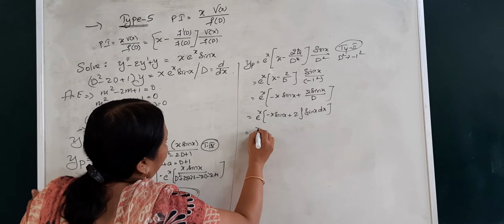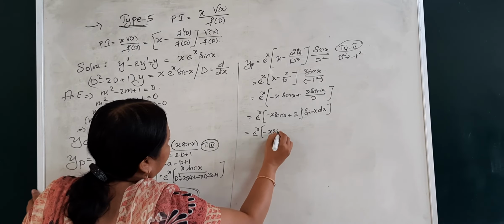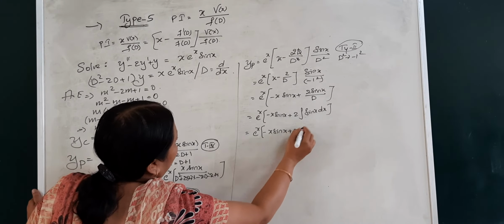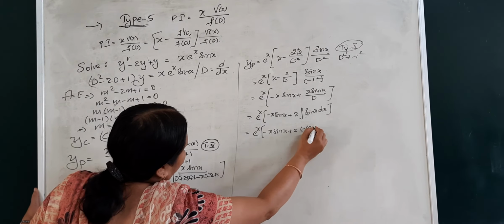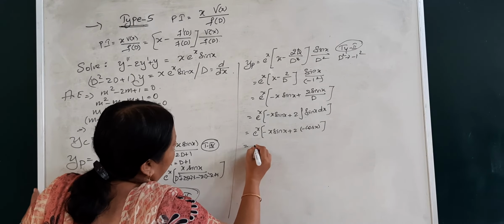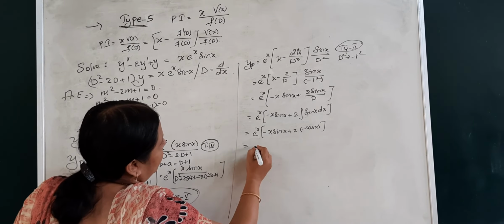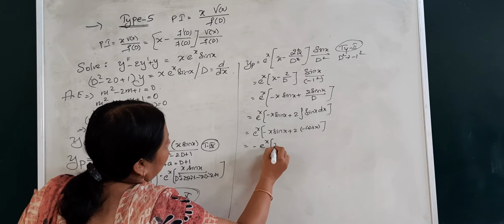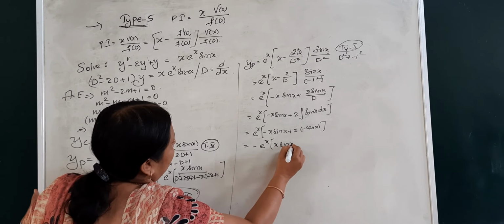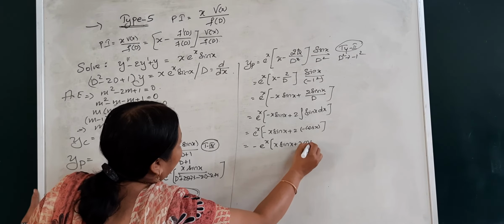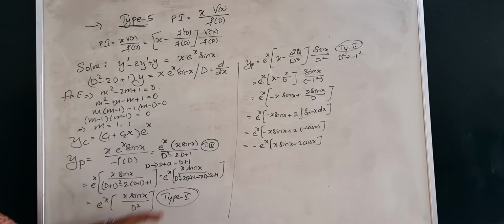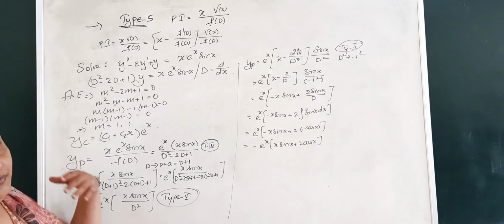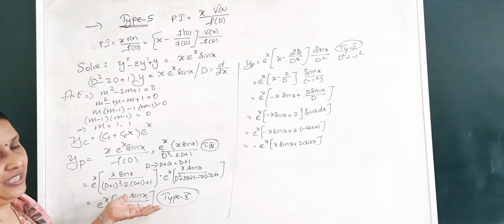That is equal to e power x times minus x sin x plus 2, integral of sin x is minus cos x. So you can take out a negative sign if you want: minus e power x into x sin x plus 2 cos x. This is our yp part. Understood? So we have done multiple types here basically.